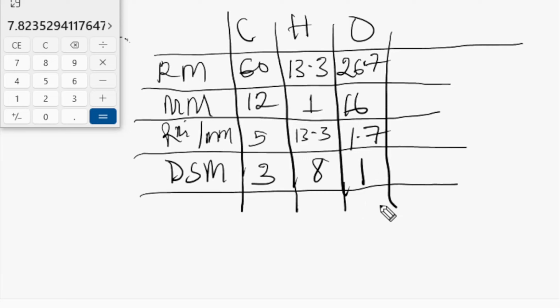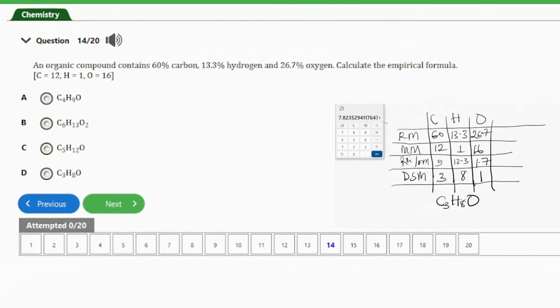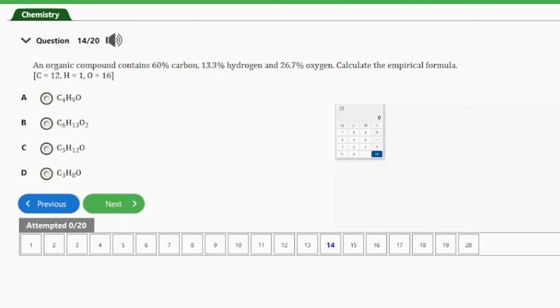So guys, this will give us C3H8O. So that's the empirical formula for this, and that's option D here. So let's go ahead and wipe this, and then let's consider the next question.